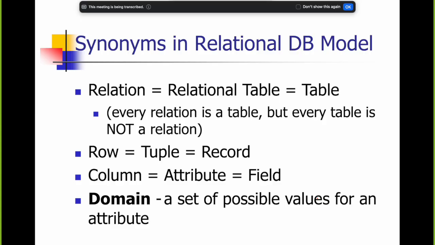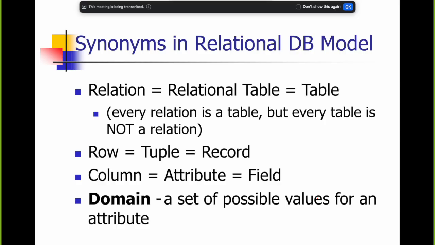In general, when we are talking about relational tables, and we are going to see examples later today, it has some characteristics. For example, having atomic values, not storing multiple values in a cell, right? And so we call that a relation. But if a table doesn't have those characteristics, it's just a table, not a relation.